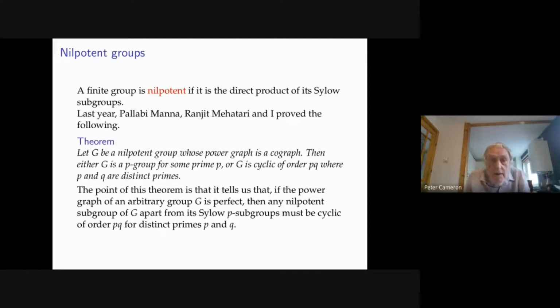So it says, if the power graph of an arbitrary group G is perfect, then if you restrict it to any nilpotent subgroup, then you must also get a perfect graph. Or a cograph, if we're looking at cographs, this is also true for cographs. I'm sorry, I think I meant to say cographs there.